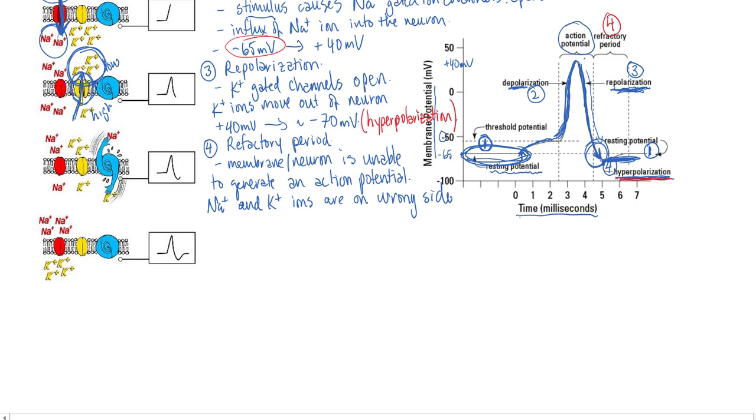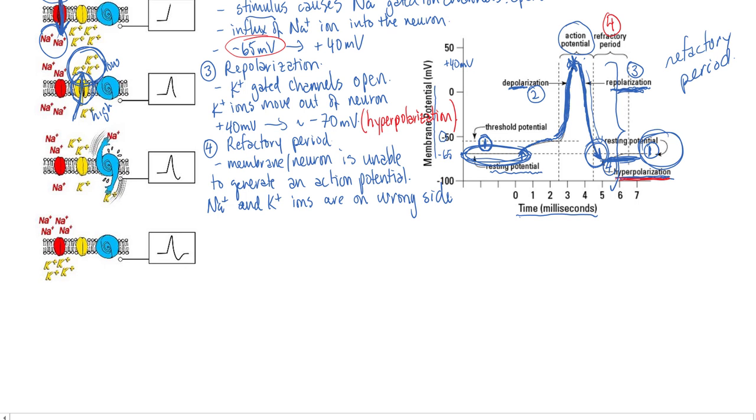And in fact, from this point onward, really from this peak in the action potential until it's back to the resting potential, this is all referred to as the refractory period, in which no new action potential is able to be generated once a neuron is stimulated beyond the threshold, which I'll talk about in a second.